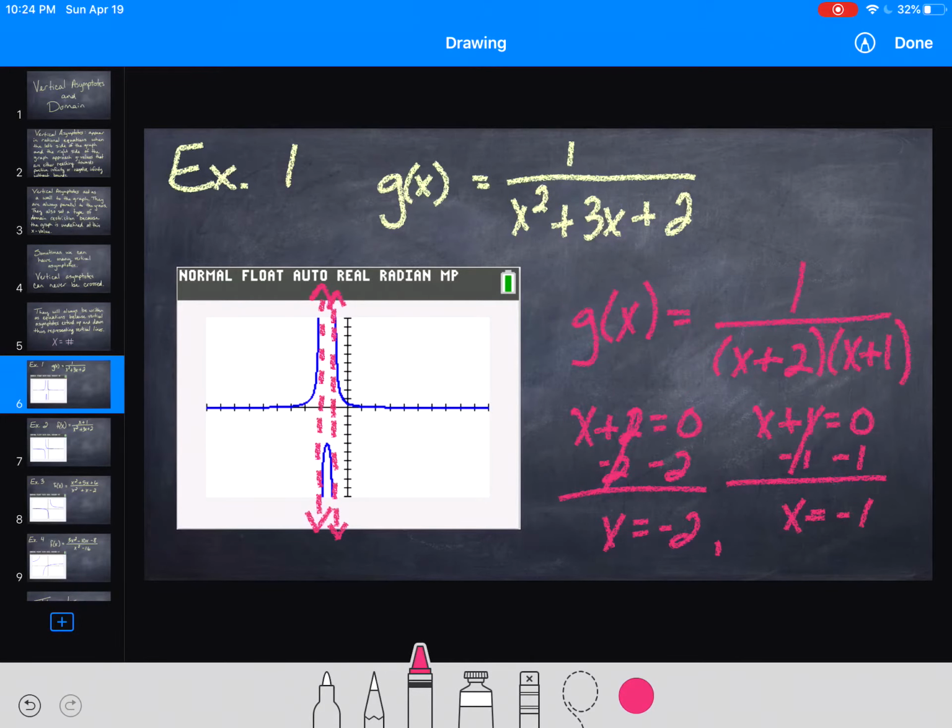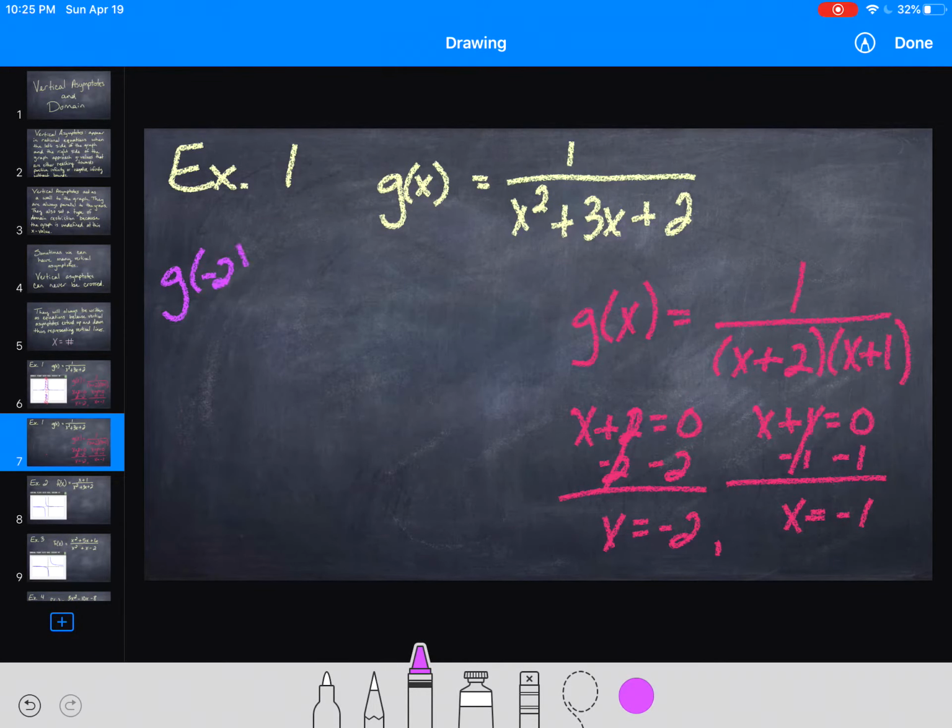Let's see why this happens. If I were to use these values back in my original problem, I would have g of negative 2 is equal to, and I would plug this negative 2 into my original problem. So I would have 1 all over parentheses negative 2 close parentheses squared plus 3 times negative 2 plus 2.